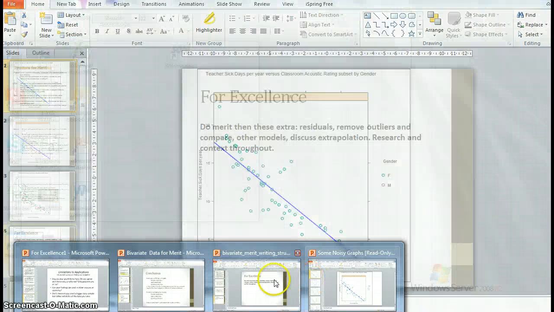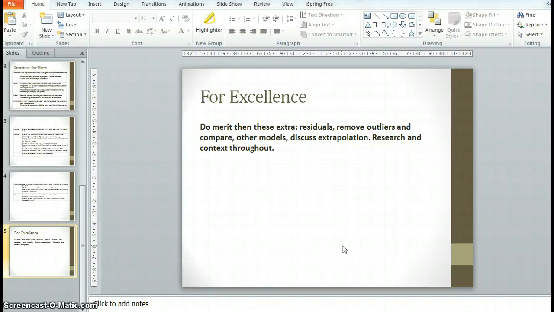What else for excellence? You would also, I've written here, discuss extrapolation. Something, again, not done so well in time series was to discuss the reliability of your predictions, and you've got to do that for merit.